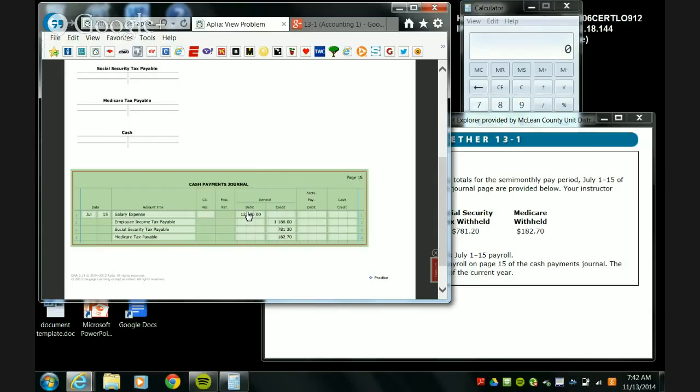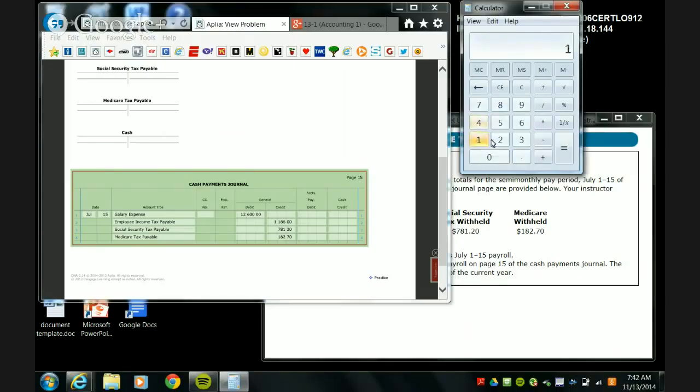Now at this point, though, our debits don't equal our credits. So what I've got to do is subtract all of the deductions from their total earnings.